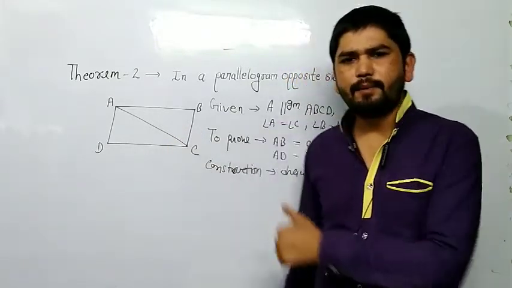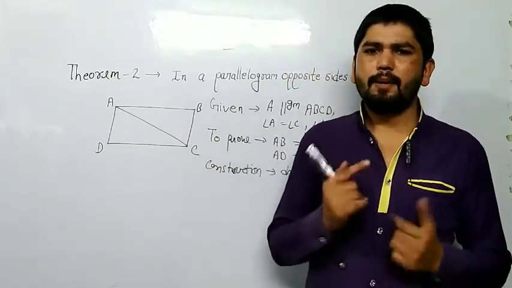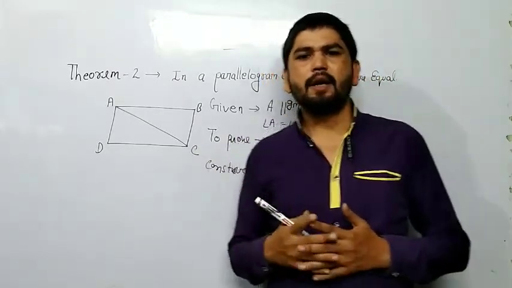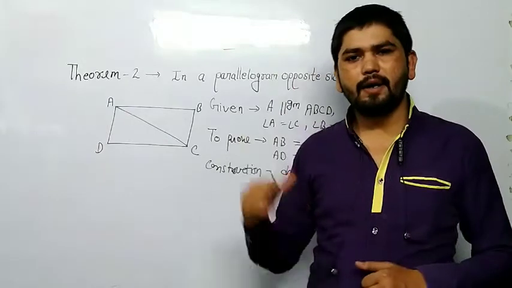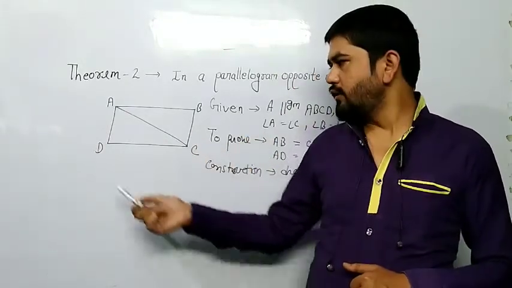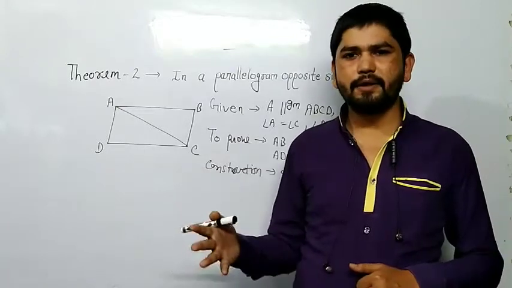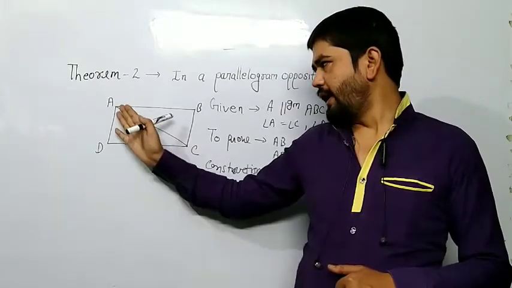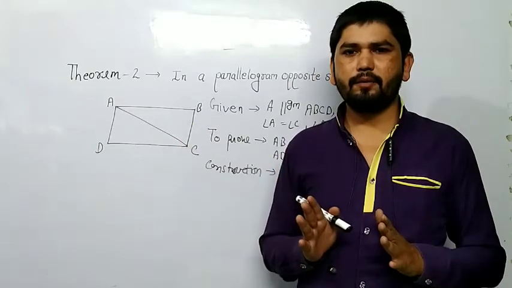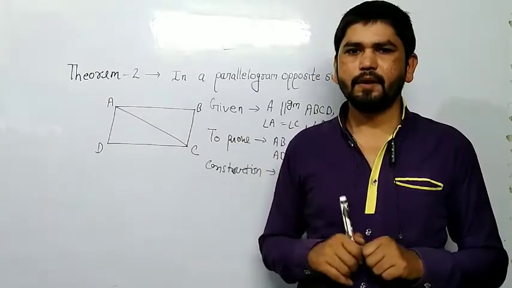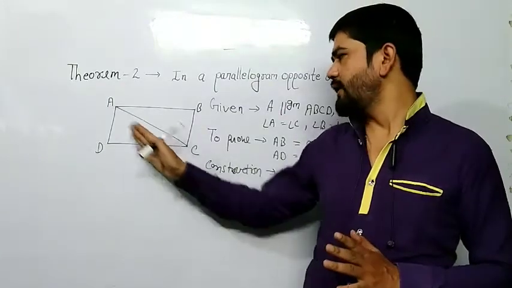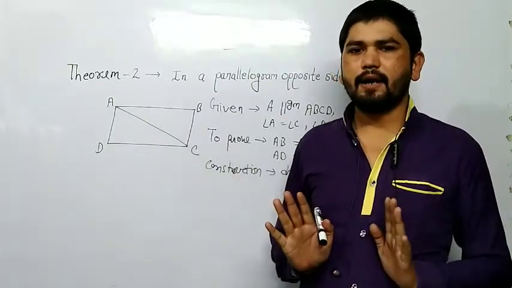Then we have written in a parallelogram ABCD, opposite angles are equal, so angle A is equal to angle C and angle B is equal to angle D. Now to prove AB is equal to CD and AD is equal to BC. Now for construction, draw any one diagonal. So we have drawn here AC as a diagonal.